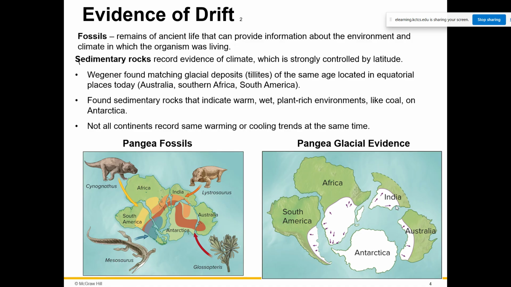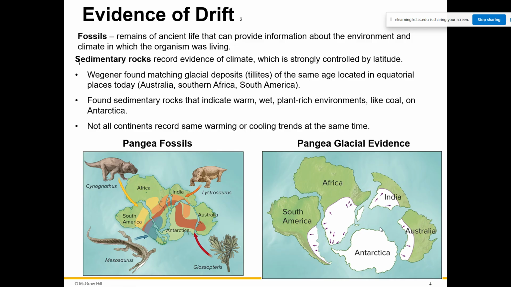It just wouldn't make any sense nowadays. Glacial sedimentary rocks indicate climates, as do plants and things like coal. Coal forms from swamps, kind of warm environments. You're not really going to find coal in cold areas.